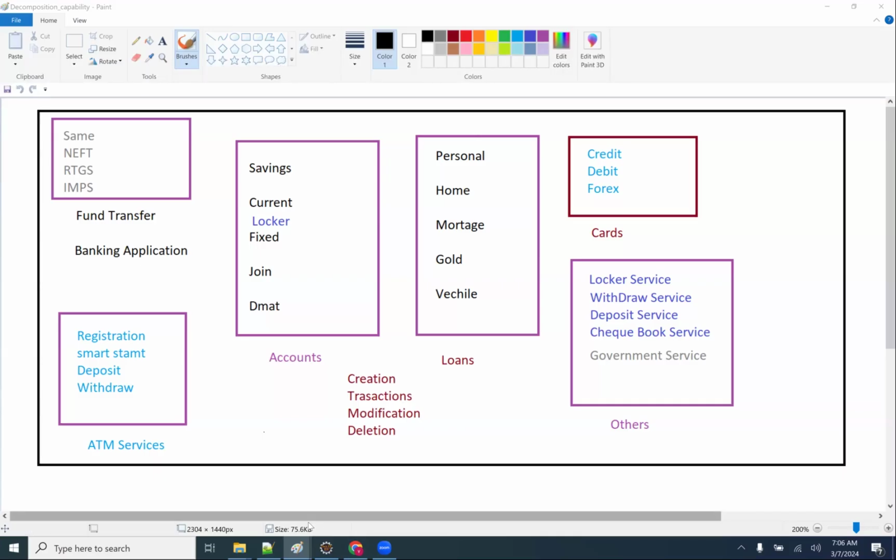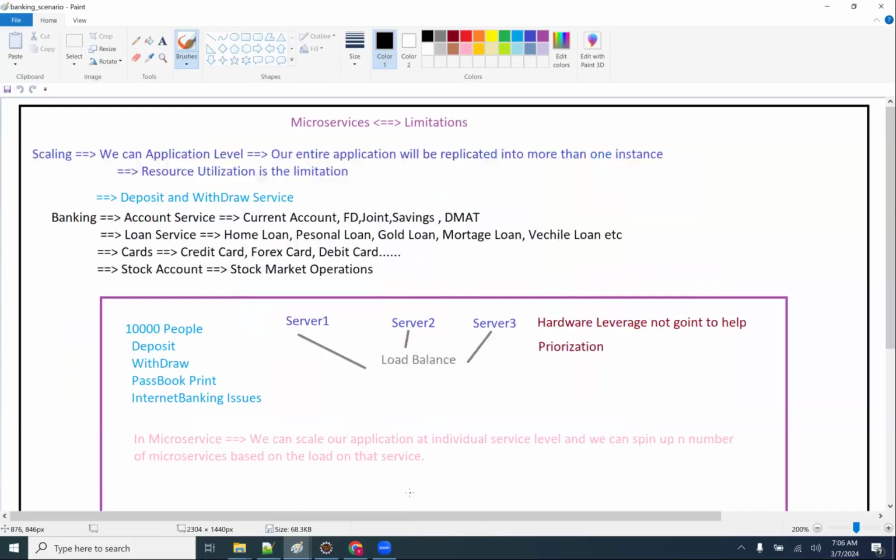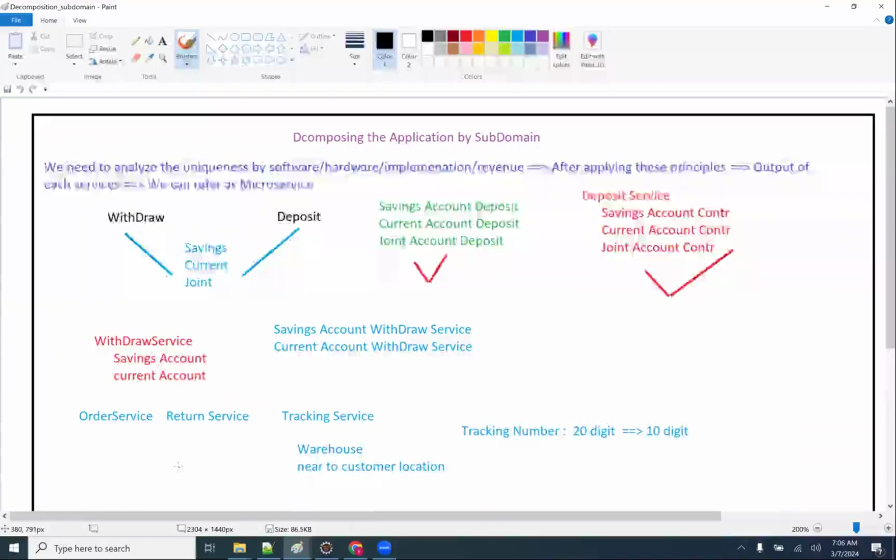So, yesterday we discussed decomposition by subdomain. Okay. What do you mean by decomposition by subdomain? First of all, we decomposed by the business capabilities. How many business capabilities are there?